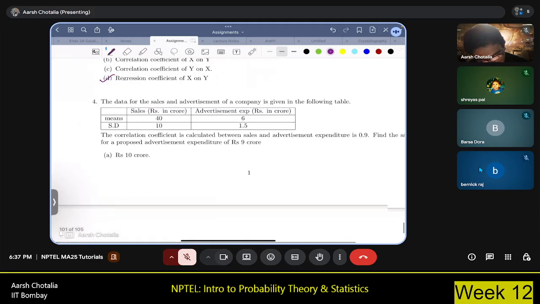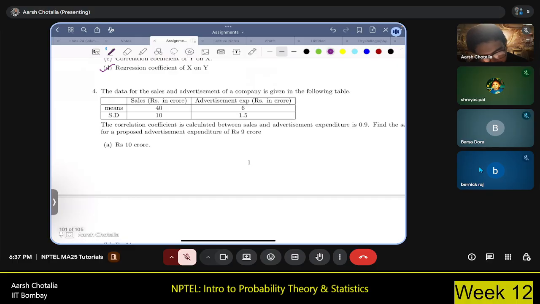Okay, now some calculation. The data is given for sales and advertisement of a company. In fact, they have given the mean. So mean sales is 40 crores and advertisement was 6 crores, with standard deviation 10 crore and 1.5 crore.